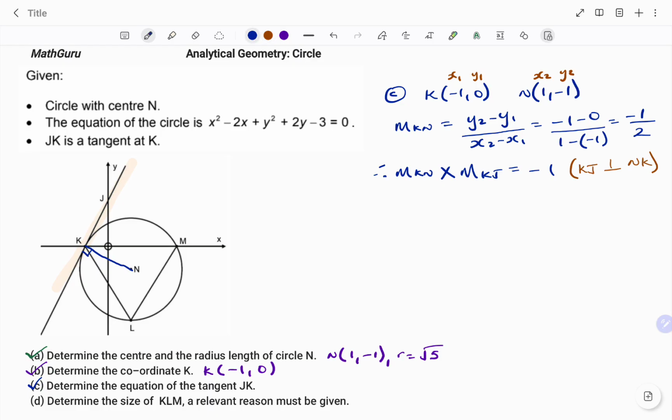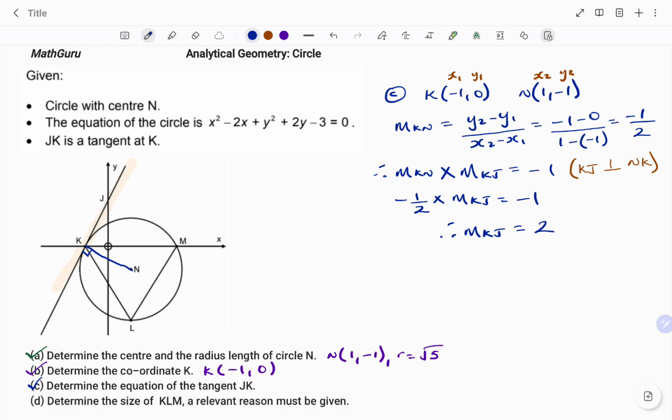So putting in the values, I have -1/2 times m_KJ equals -1. Therefore, m_KJ, or the gradient of KJ, will be -1 divided by -1/2. That's going to give me +2.